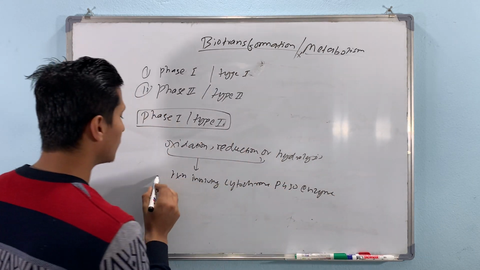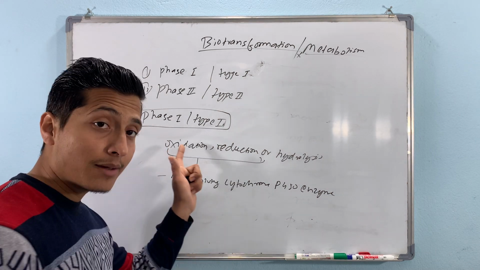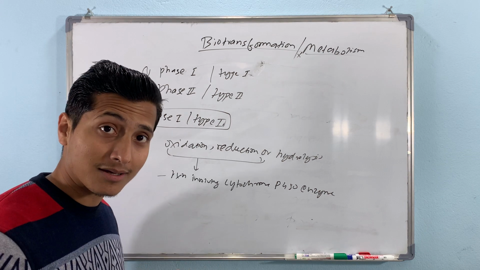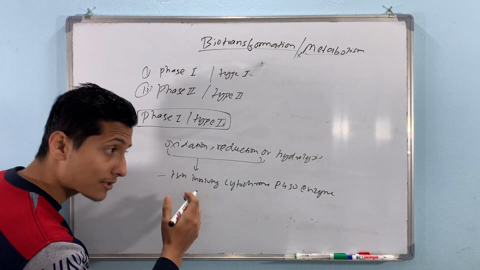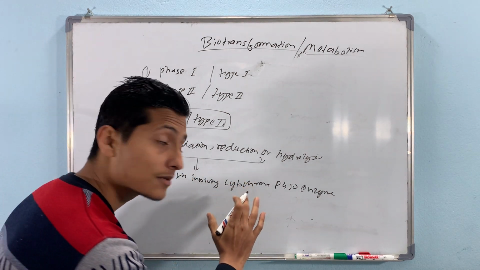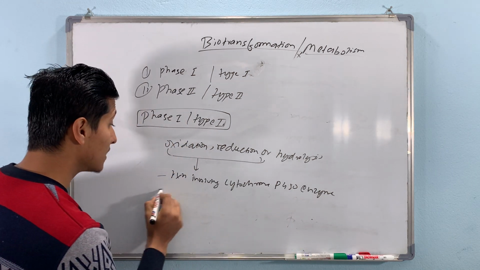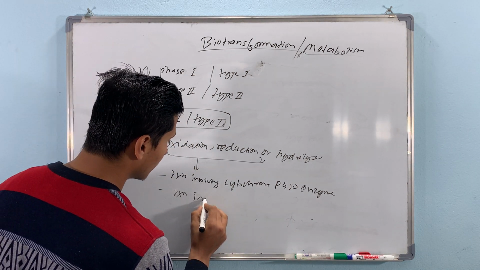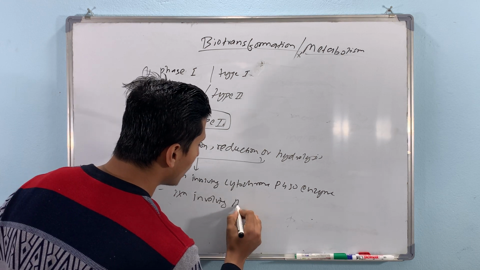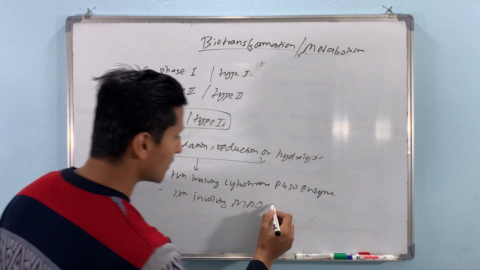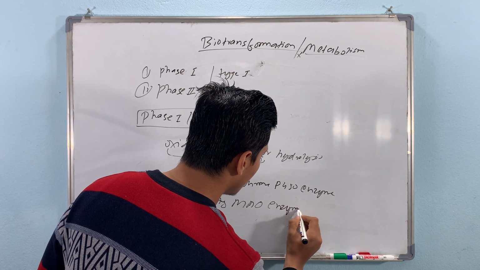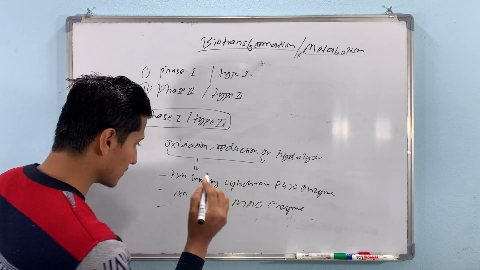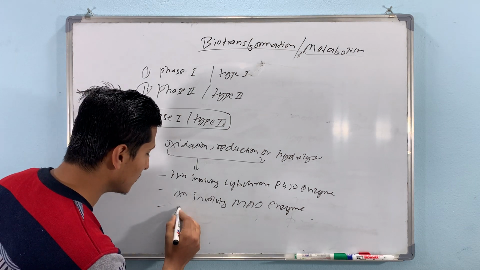Right? Now, another type 1 or phase 1 reaction that comes under the oxidation and reduction reactions, next to the reactions involving cytochrome P450 enzymes, are reactions involving monoamine oxidase enzymes. Right? Now, there's another example of the oxidation reduction reaction, that's alcohol metabolism.